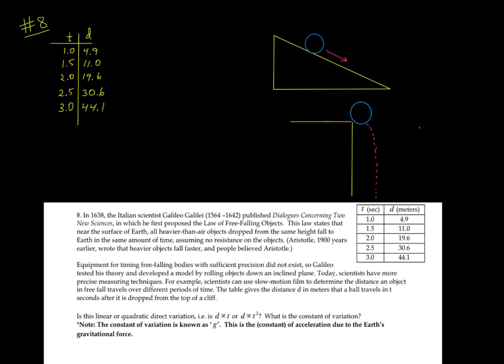However, it turns out that it's hard to analyze this kind of motion, back in Galileo's day at least, given the tools that were available at the time. I mean, Galileo dates to basically the 16th century here. So he had this ingenious idea to observe, say, a ball rolling down an inclined plane.